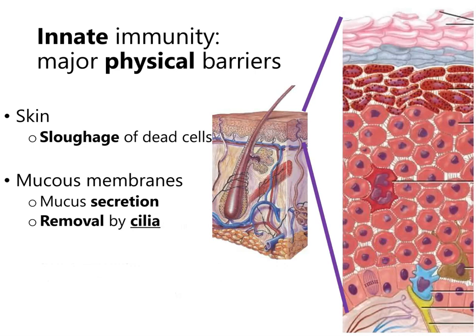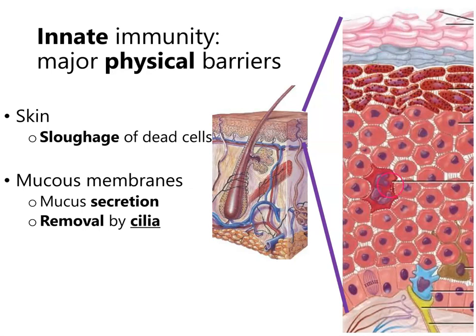So the major physical parts of the innate immune system are going to be skin, which just by itself is a barrier. But in addition, it does something for us. It pushes cells from the stem cell layer here in the epidermis superficially towards the skin surface.